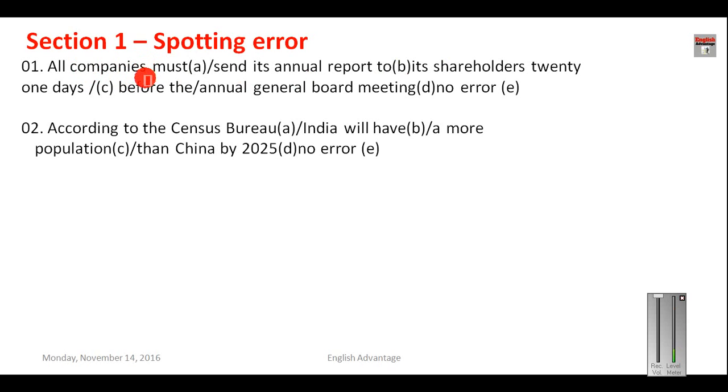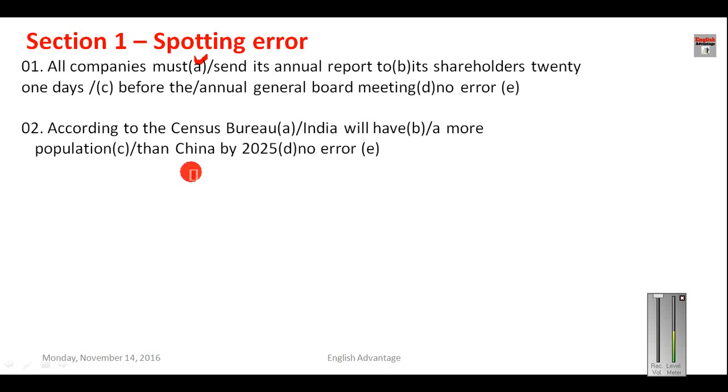Okay, so if you change all companies into a company, the sentence will be correct, because then this its and this its will be okay and correct. So a company must send its annual report to its shareholder 21 days before the annual general board meeting, and no error. So in this question your answer will be, question number 1, your answer will be A.